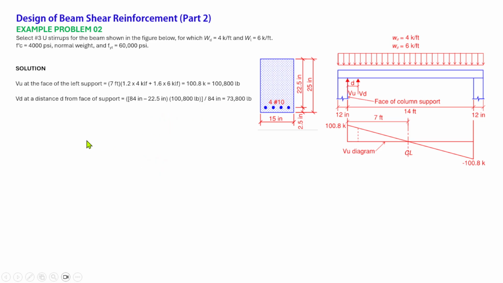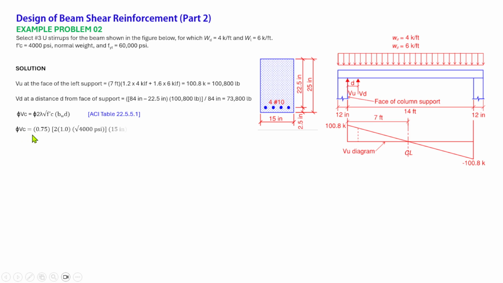That is equal to 73,800 pounds. The next one is we will determine the shear strength of the concrete. Based on the ACI table 22.5.5.1, we have phi times 2 times lambda times square root of f'c times bd, the section of the beam.